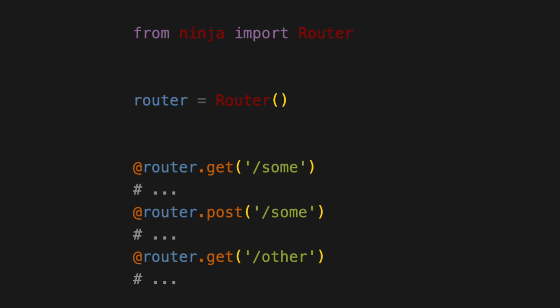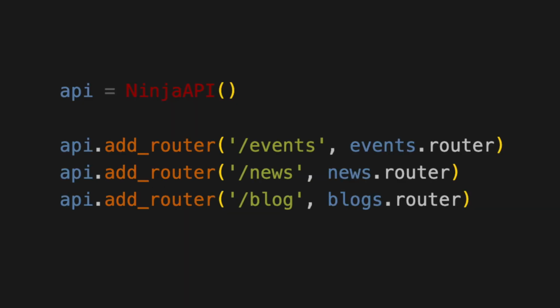So inside each API module in each application, you define your endpoints as usual, and once you're done, inside your main module where you create your main Ninja API instance, you can include those routers from different modules using the add_router method.